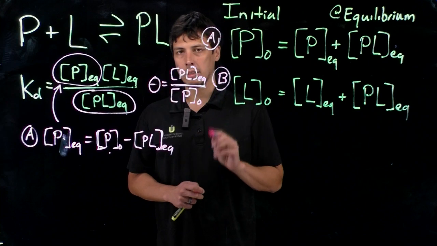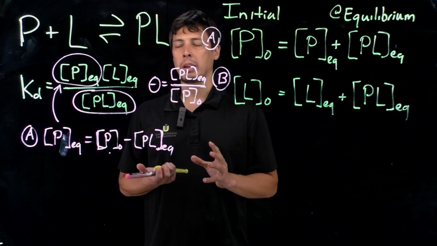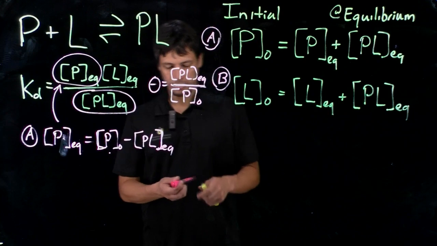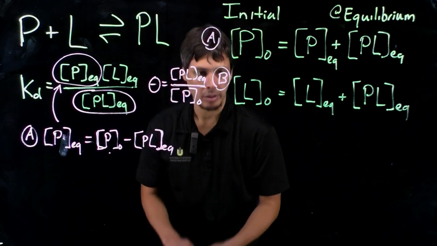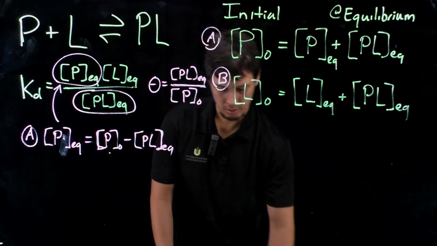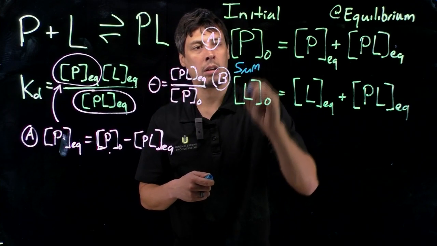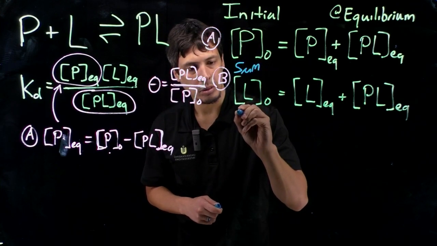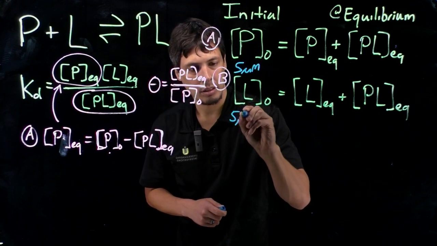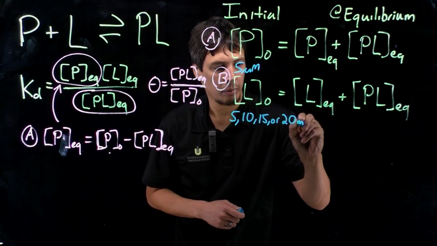We also make a second substitution, and this has to do with the assumption that's important for making this mathematical model more simple for us to use. If you recall from the last video, we said that P naught was going to be equal to 5 micromolar, and L naught was going to be equal to, I believe, 5, 10, 15, or 20 millimolar.